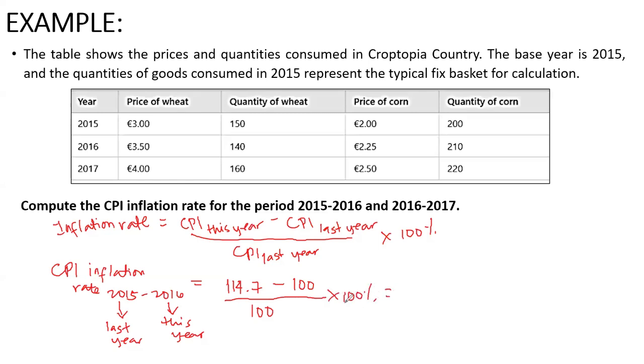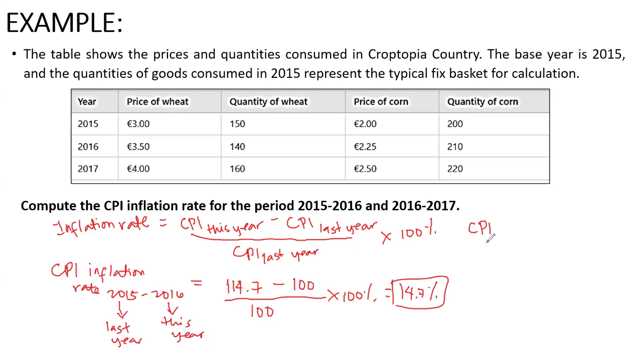So we have 114.7 minus 100 is 14.7, divided by 100, that is 0.147, times 100%, that is 14.7%. So this is our CPI inflation rate for the period of 2015 to 2016.